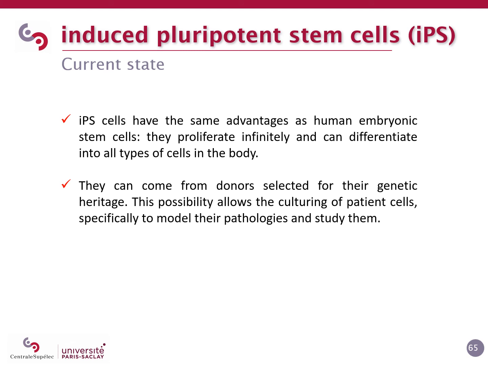They proliferate infinitely and can differentiate into all types of cells in the body. They can come from donors selected for their genetic heritage. This possibility allows the culturing of patient cells specifically to model their pathologies and study them.